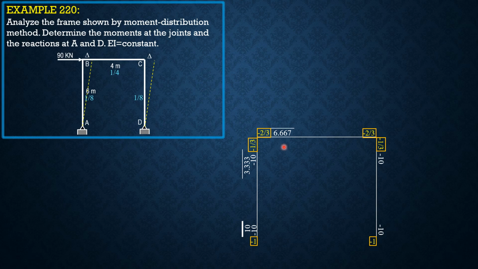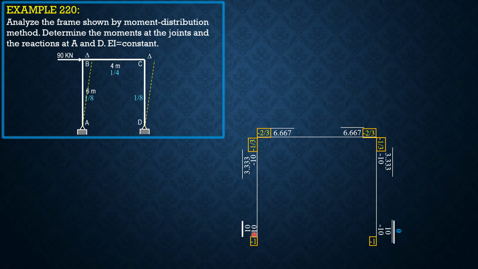So lock. Here also -10 times -1/3 is 3.333. Lock. Then -10 times -2/3 is 6.667. Then lock. -10 times -1 is 10. Lock. Then lock finally because we expect the moment at D to be 0 also.